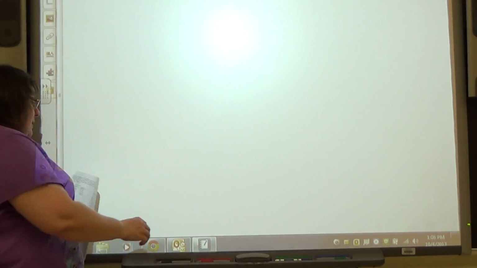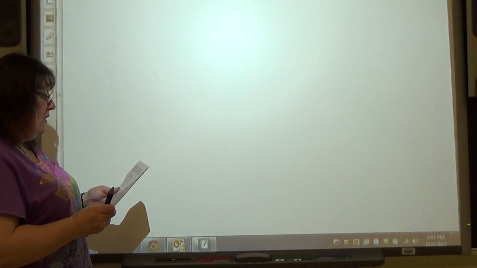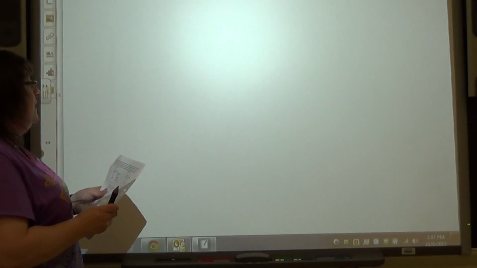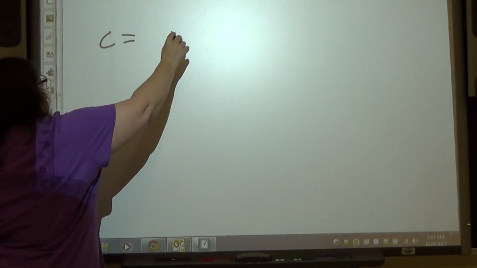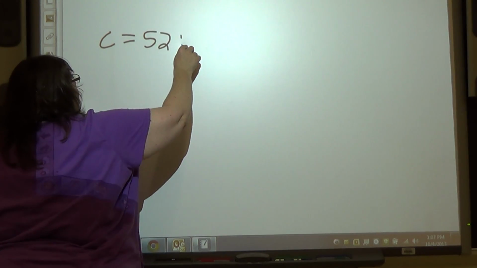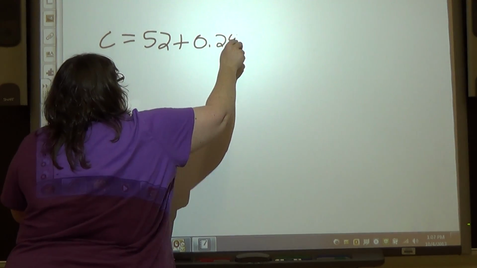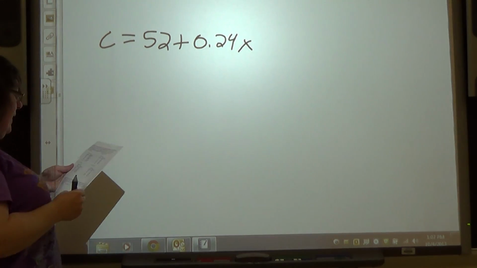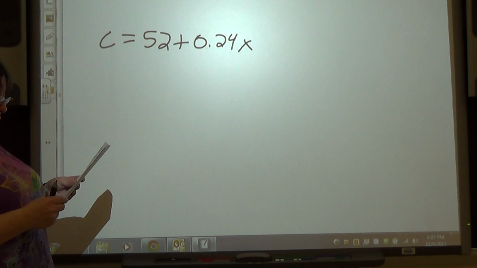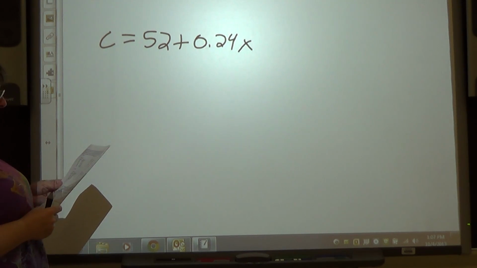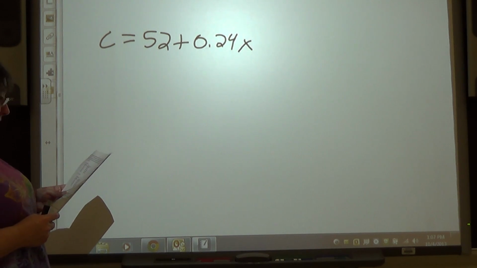Okay? Well, let's look at this. We have $52 plus 24 cents per copy. So, we're looking at the cost is $52 plus 24 cents per copy. There's the equation. So I'm looking at either B or D. Now what I need to do to figure out which one it is, I need to start with 500, okay?